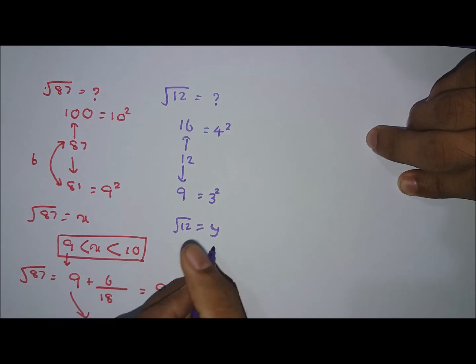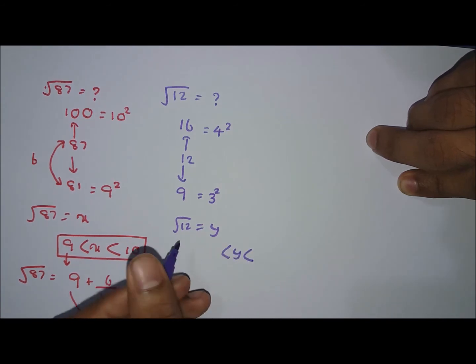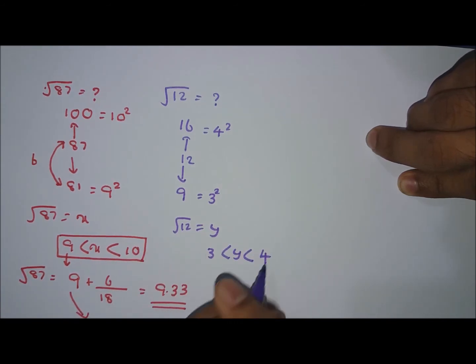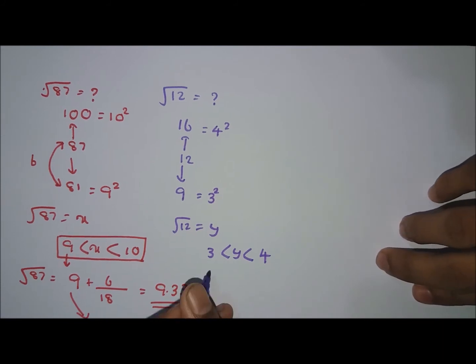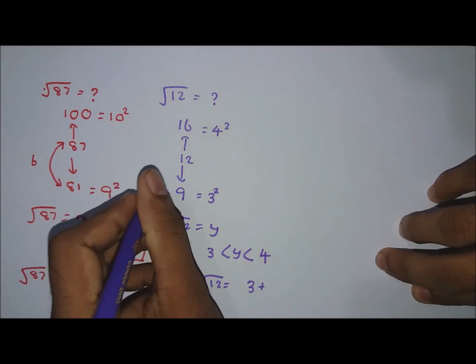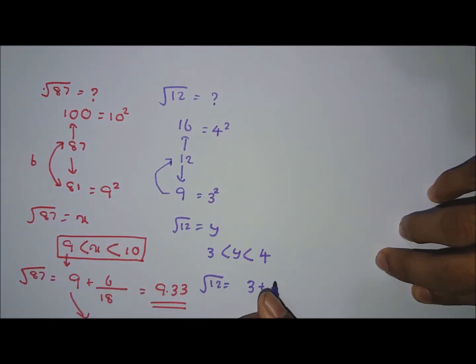So y should lie between 3 and 4. And the answer is 3 plus the difference between 9 and 12, which is 3, and this 3 divided by 3 multiplied by 2, that is 6. The answer is 3.5. It's a very easy trick.